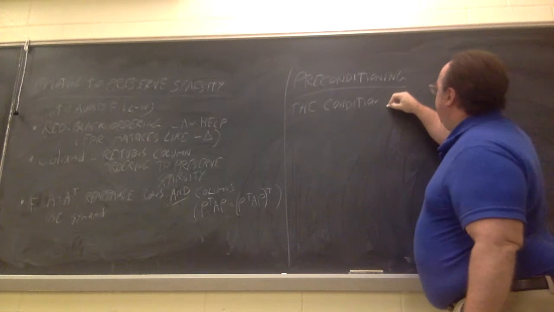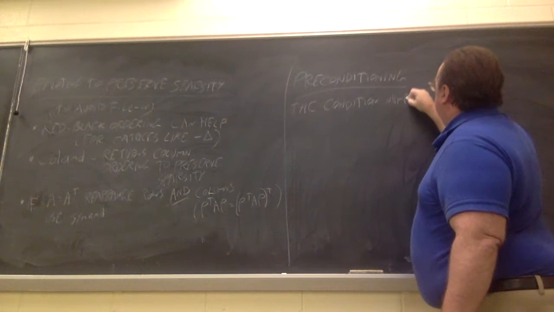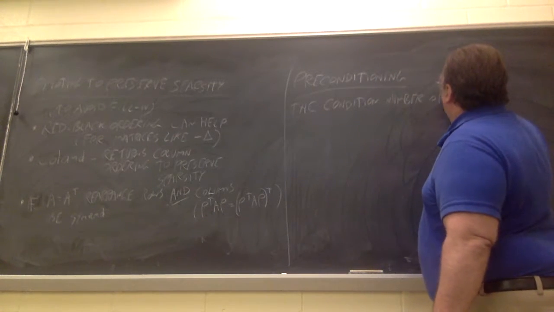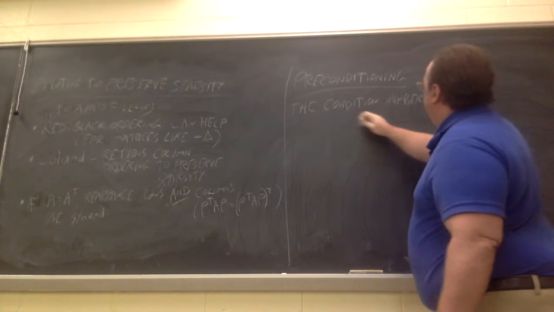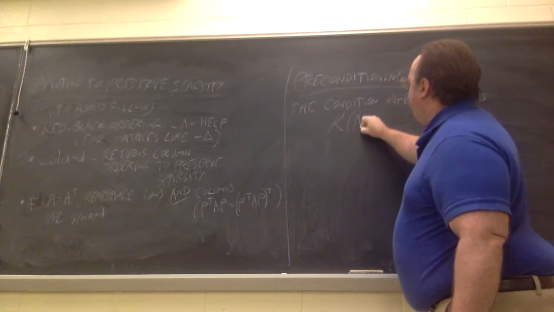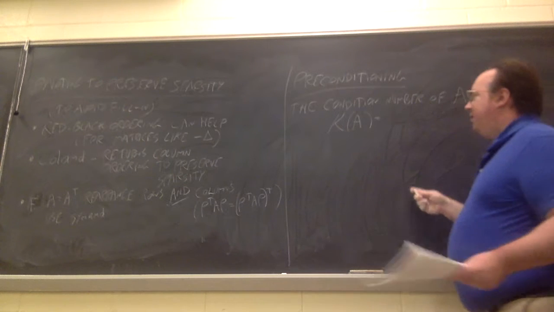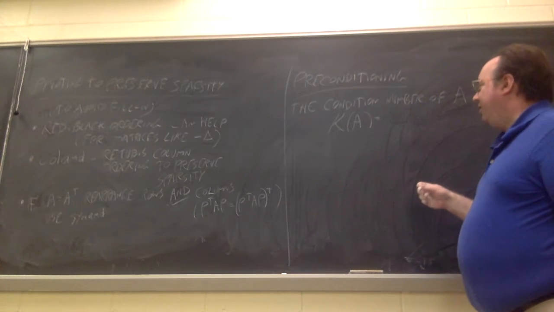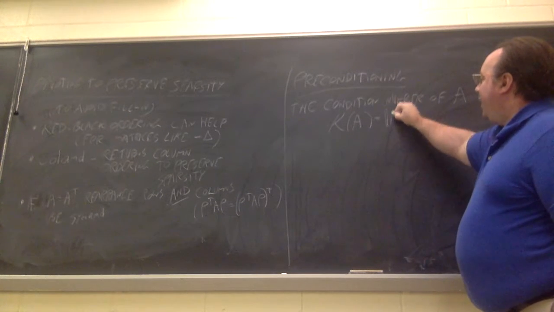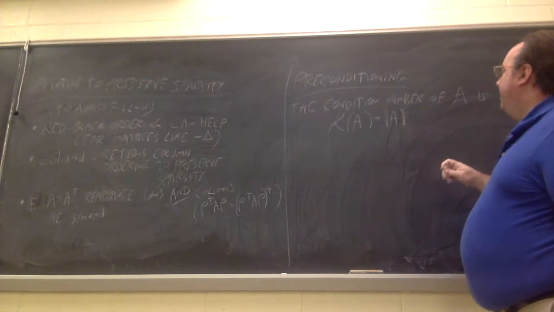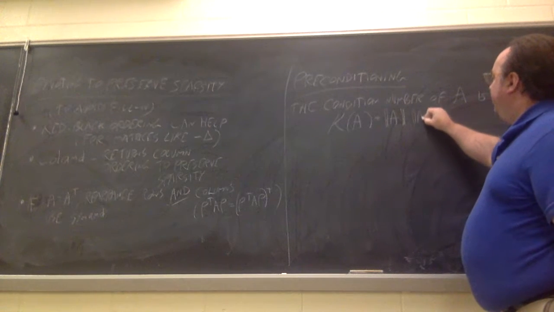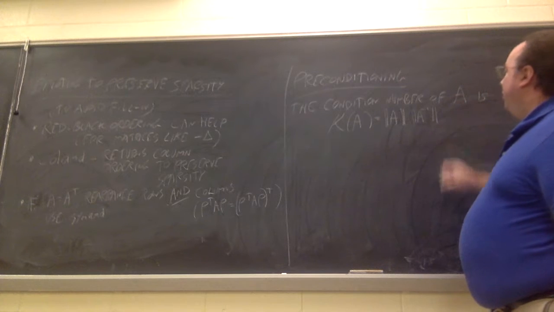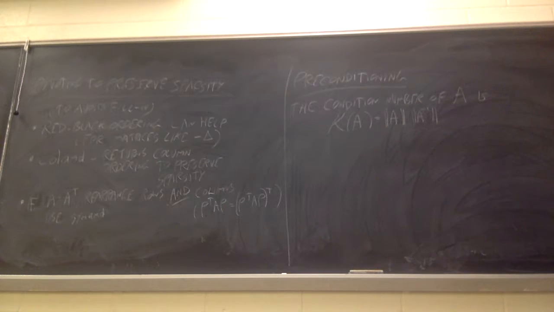So the condition number of a matrix A is, so this is kappa of A, that's my funny looking K here, it's supposed to be the Greek letter kappa, is the norm of A times the norm of A inverse. And because you're taking the norm of each, you cannot cancel the A and the A inverse there and get 1.